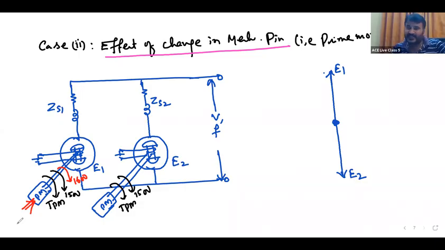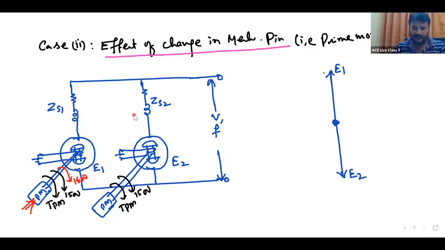Earlier it was excitation, which is related to flux, so the component was reactive. But now it is an active component. So when prime mover input is increased, synchronizing current comes into the picture and maintains synchronism. It will equalize the set frequencies.